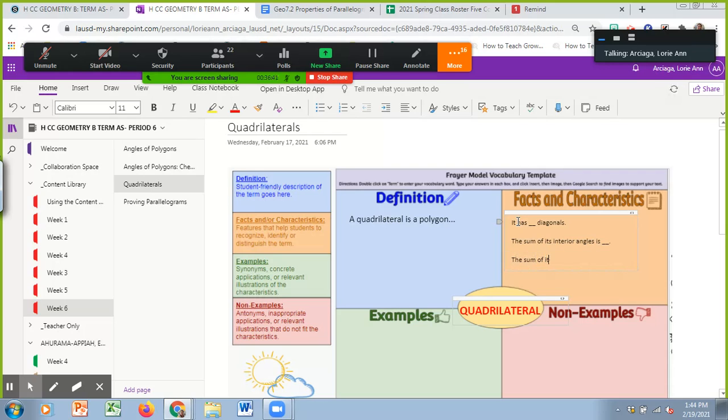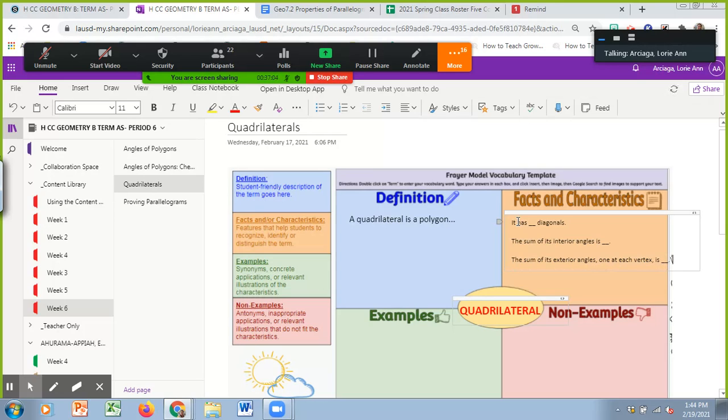The sum of its exterior angles, one at each vertex, is, I spelled something wrong. There you go.